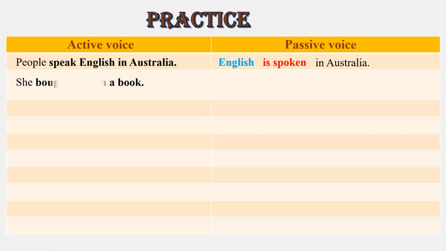Now, she bought her son a book. Pay attention, in this sentence, we have two objects, her son and the book. So, two ways to put it in the passive voice. If we want to start with her son, which means we're giving more importance to her son, yes.